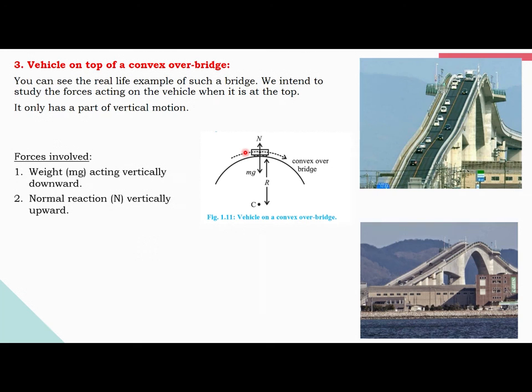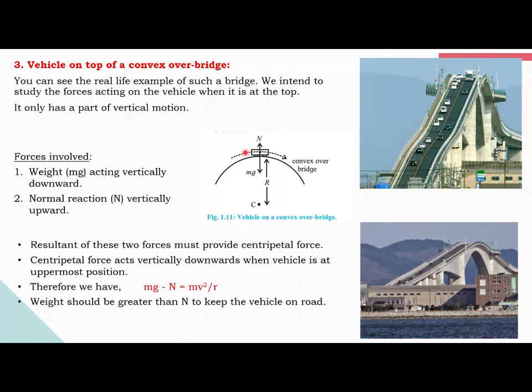Therefore, we have mg minus N is equal to mv square upon r. Then weight should be greater than N to keep the vehicle en route. If the weight is lighter than this N, then the vehicle will be thrown away from this curved road.